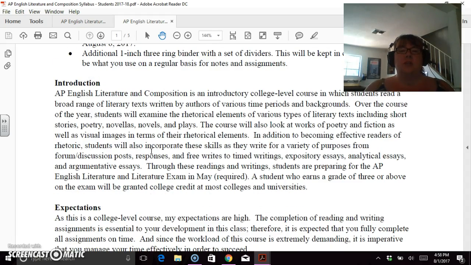Now, the introduction to the class. This class is an introductory college level literature class. If you took AP Language last year and you passed the test, you not only do not have to take your English placement exams for college, but you also, depending on your score, can get out of English 101, which is a writing class.